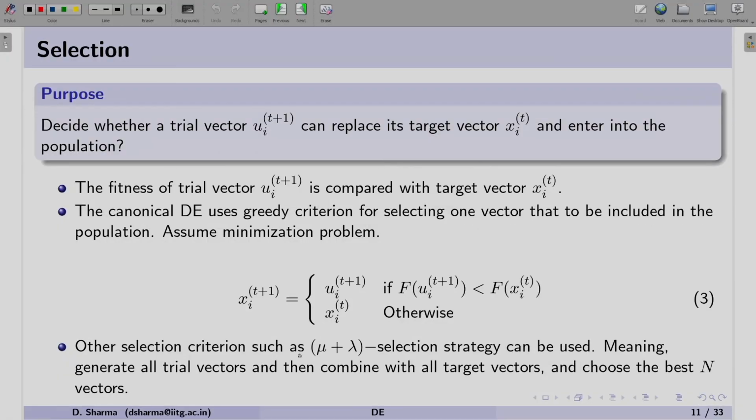However, if we want to make a small change to this algorithm, we can use some other selection criterion. As an example, I have written at the bottom, we can use the mu plus lambda selection strategy, meaning that we already have a target vector with us. We can generate all the trial vectors using mutant vectors.